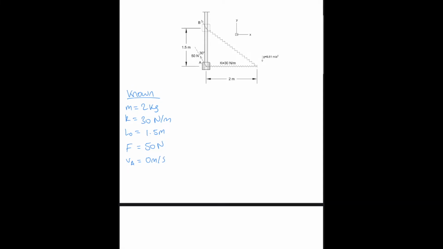We also know that the velocity at A is 0 meters per second. So right here. For part A, we want to know what the elastic potential energy at A is. So T is equal to 0.